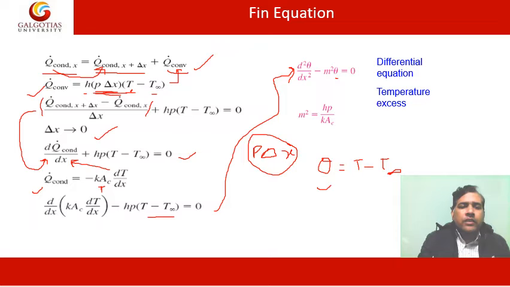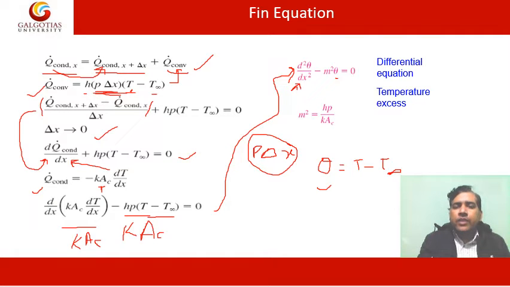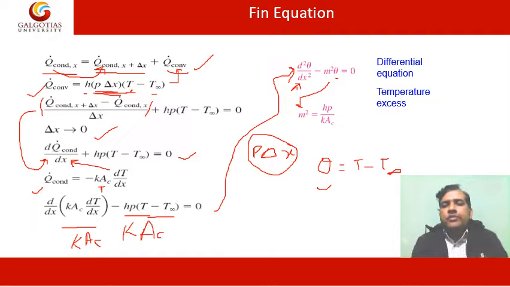After dividing this whole equation by k Ac, we get this final equation, where m square is nothing but hP upon k Ac.